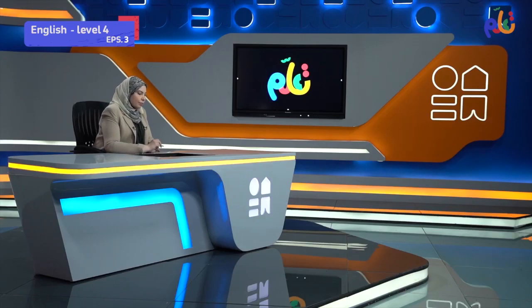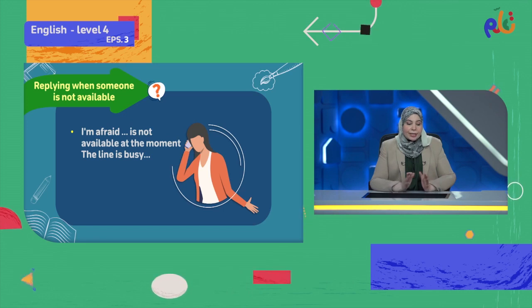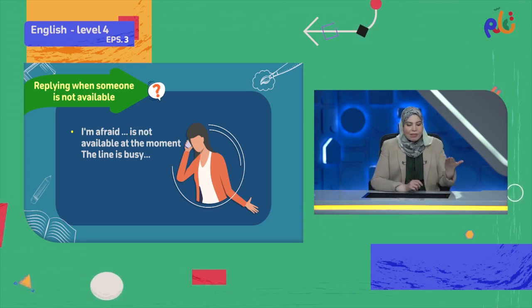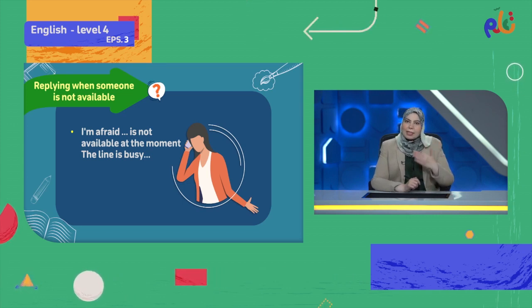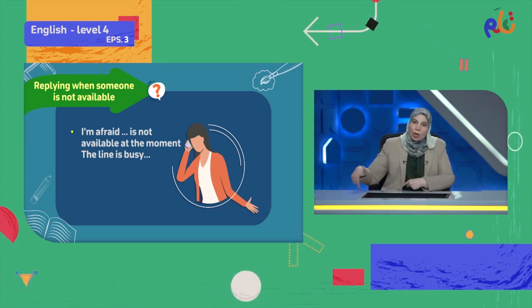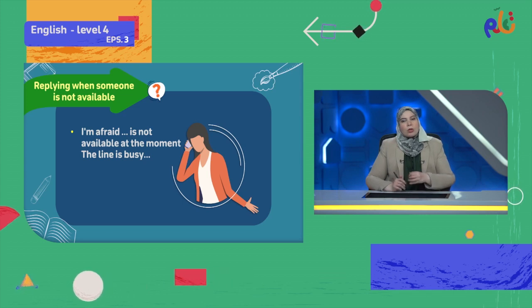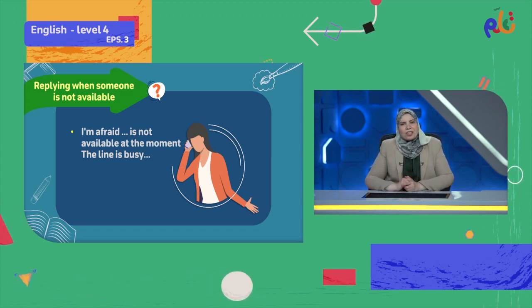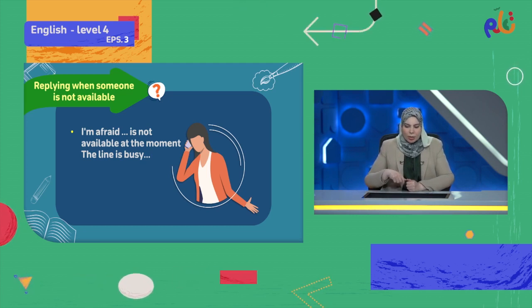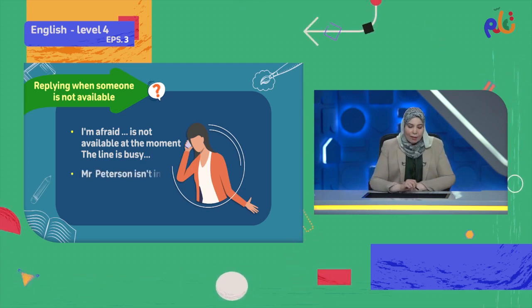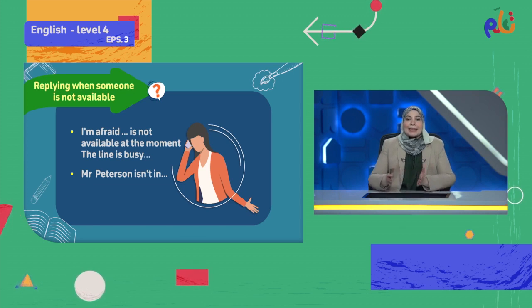Here we have, I'm afraid the person is not available at the moment. Or, I am afraid that the line is busy, for example, if we have more than one line at the company. So I can say, I'm afraid my father is not available at the moment. Or, I'm afraid that Ahmed is not here at the moment. We also have, he isn't in.